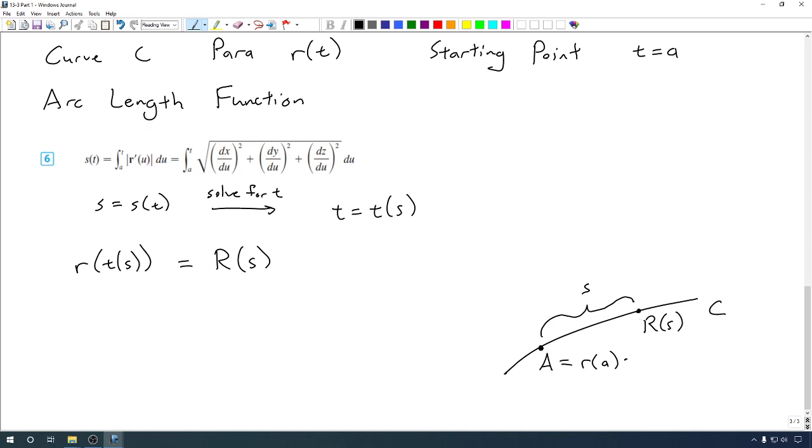In fact, we can say that the starting point A is R of 0, because the arc length from A to itself is 0. So we're using this information of arc length that doesn't depend on the parameterizations, but is an inherent property of the curve, in order to define a parameterization that is very closely related to properties of the curve itself.